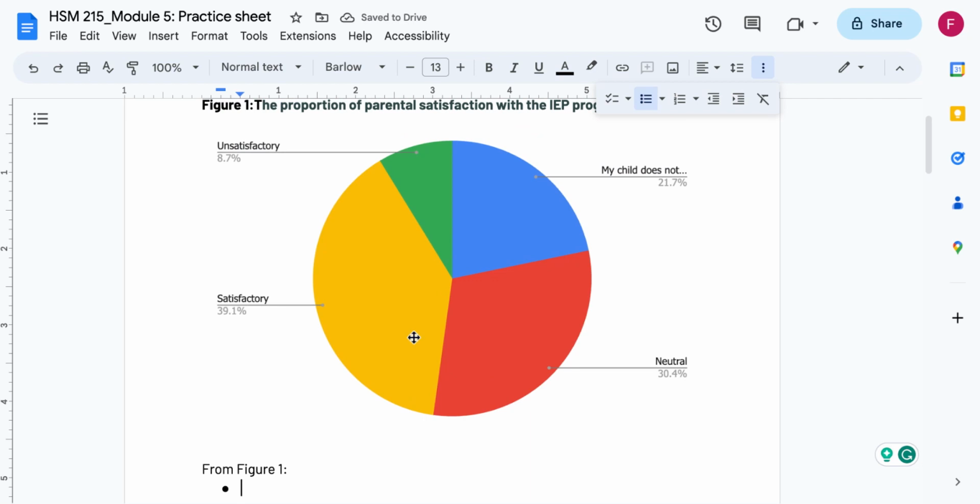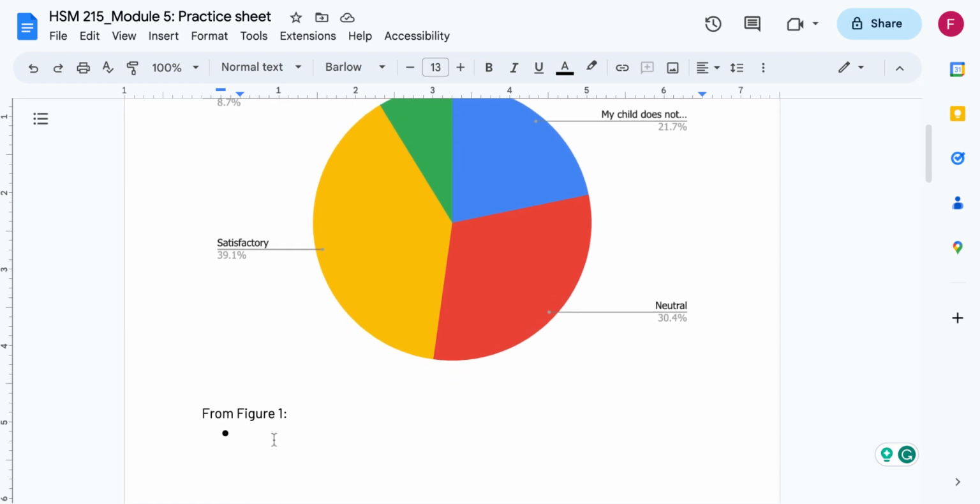So what we can see from the pie chart is that 39.1% of parents say that they are satisfied with the IEP program, while 8.7% say they are unsatisfied with the IEP program. So that is our first interpretation that we can get out of this.